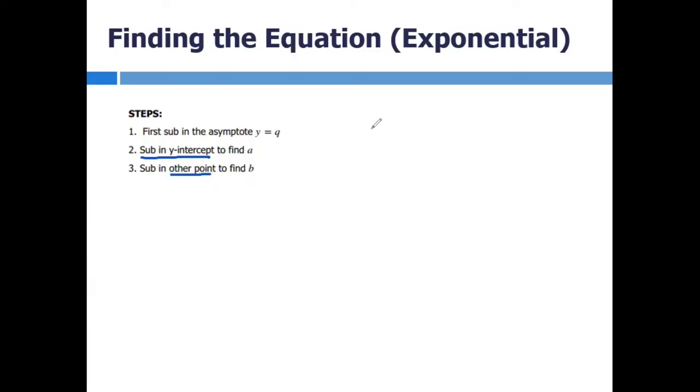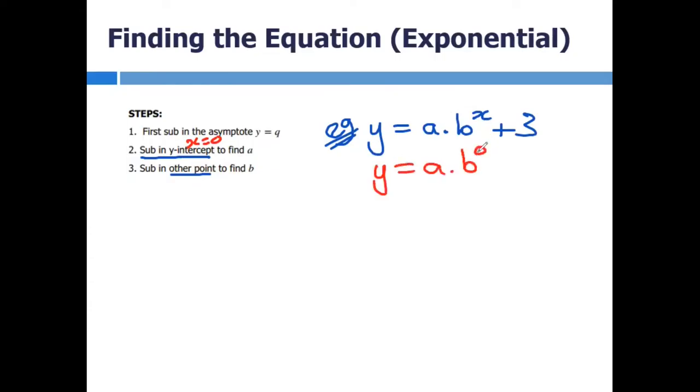And I'll show you why. We've done our asymptote, so we know our asymptote, for example, is 3. Obviously you'd look at the question. If I substitute my y-intercept, remember your y-intercept was where x was equal to 0. So that's going to give me y equals a times b to the power of 0 plus 3.